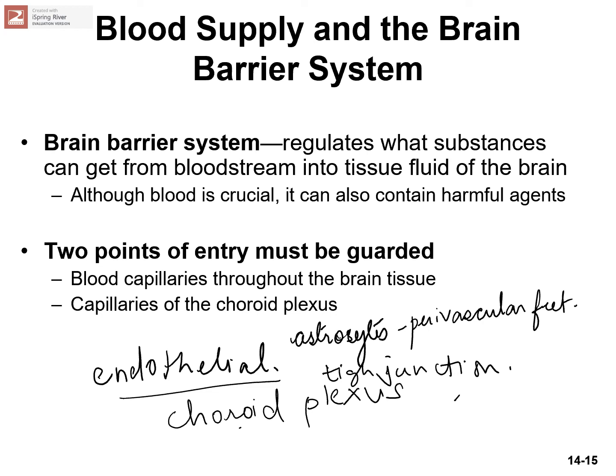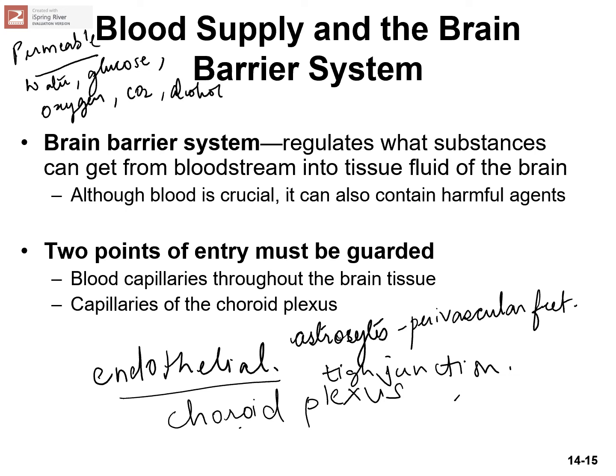The blood-brain barrier is highly permeable to water, glucose, and stuff like oxygen, CO2, alcohol, also caffeine.